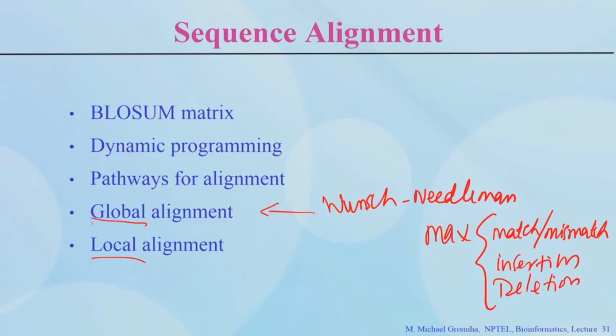So, we have the score for each case: a match score, a mismatch score, and a gap penalty for insertions and deletions. Based on this you take the maximum value from all these three values, right.